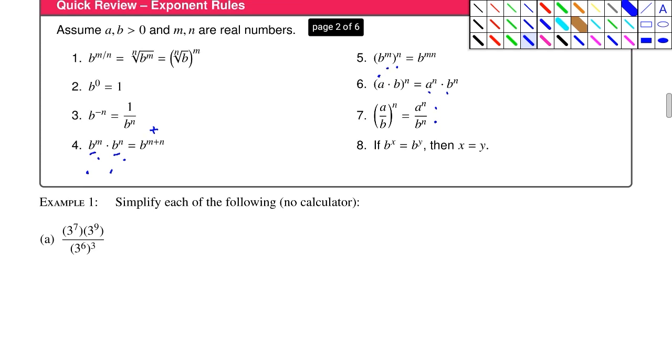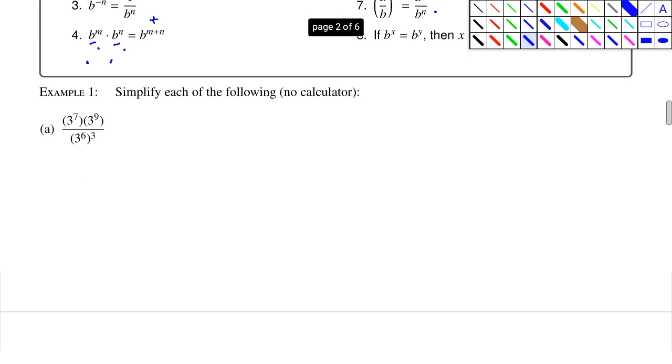All right, let's simplify some of these using these properties, and we'll be as verbose as we can so that we can illustrate all of these properties. The question asks for 3 to the 7th times 3 to the 9th divided by 3 to the 6th quantity cubed. So in the top, we have 3 to the 7th times 3 to the 9th.